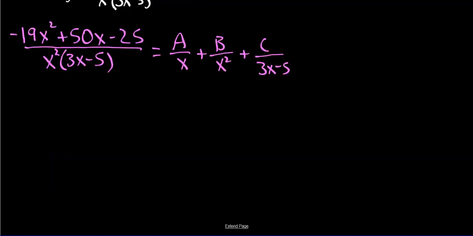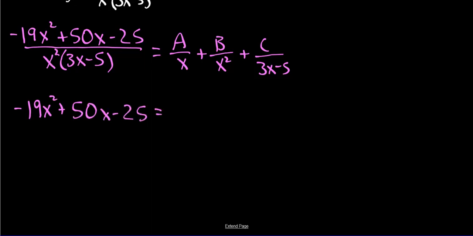And there's different ways of finding A, B, and C. I'm going to just do equating of coefficients. There's quicker ways to do it, but this equating of coefficients is a good skill to have. So here's what we've got: negative 19x squared plus 50x minus 25.